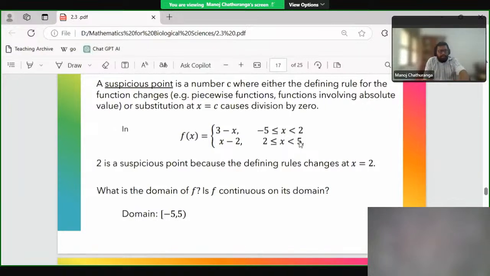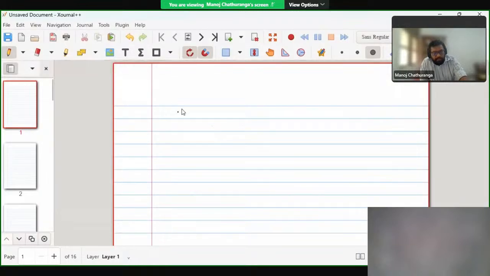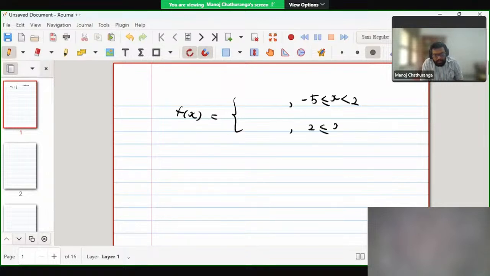So let's see. We have f of x equals 3 minus x for -5 to 2, and x minus 2 for 2 to 5.